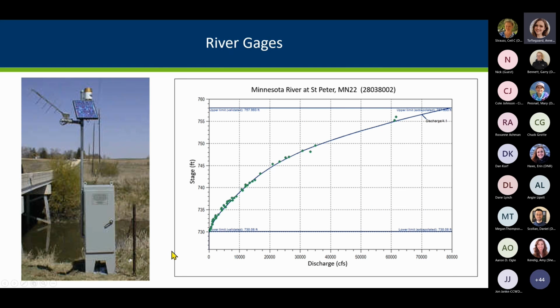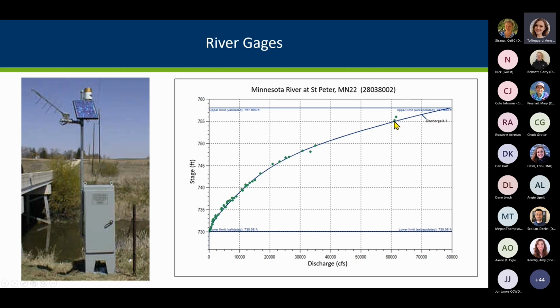So this is the river gauges. On the left here, you see a picture of a river gauge that's measuring the flow in the Minnesota River at St. Peter. And in order to create the graph on the right, hydrologists use the gauge to measure the height of the river, and they go out at various times to measure how much flow is in the stream and how high the water levels are.